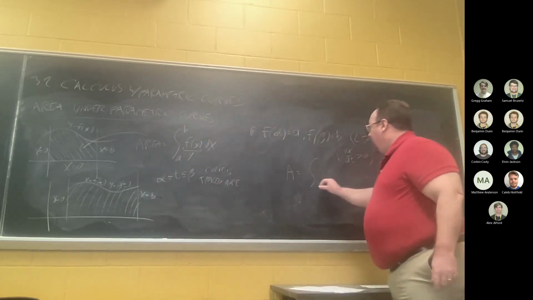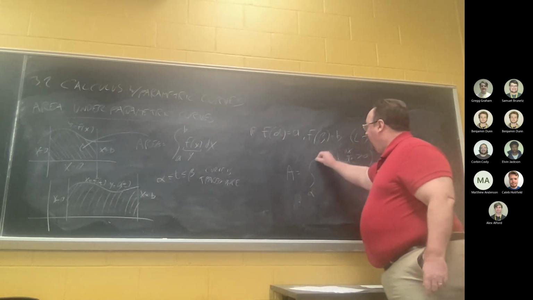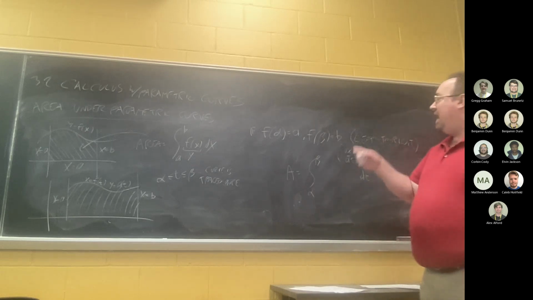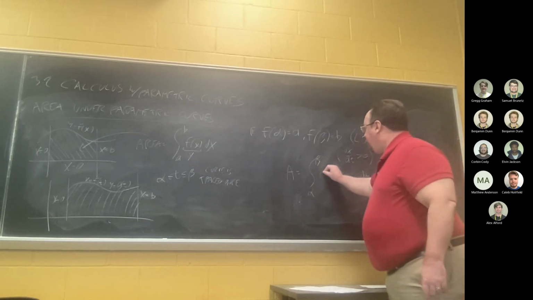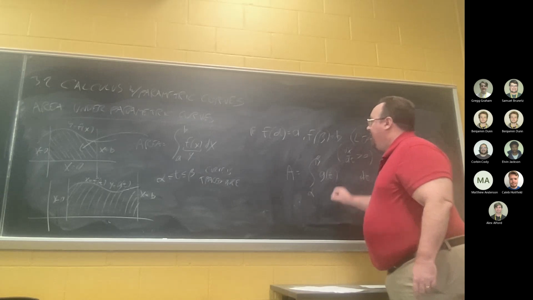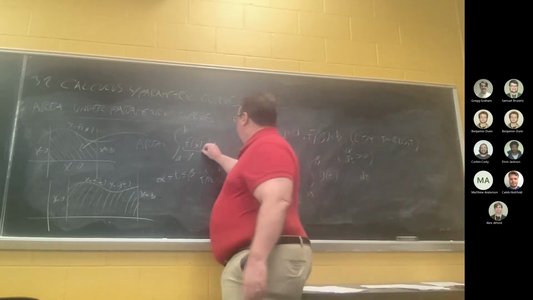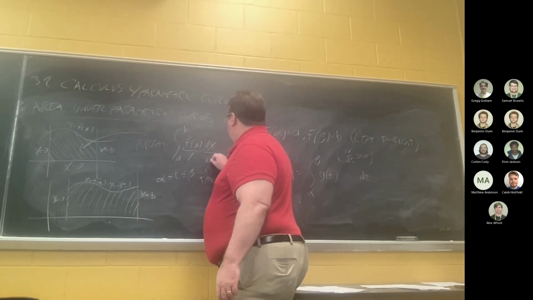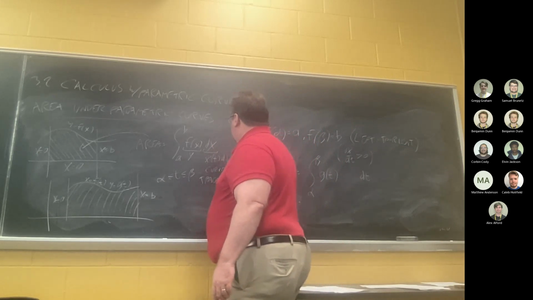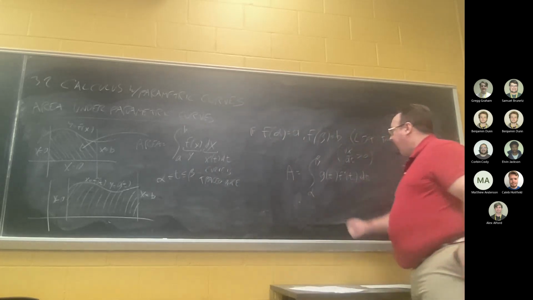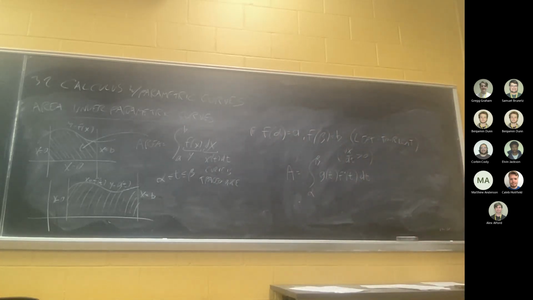So I get the integral from alpha to beta, and I have y, which is g of t, and then dx is the same as x prime of t dt. So I'll have f prime of t dt. So that's the formula for area under the curve in this situation.